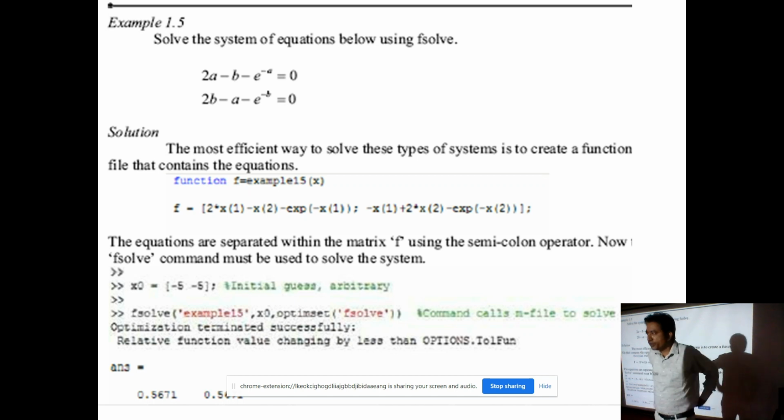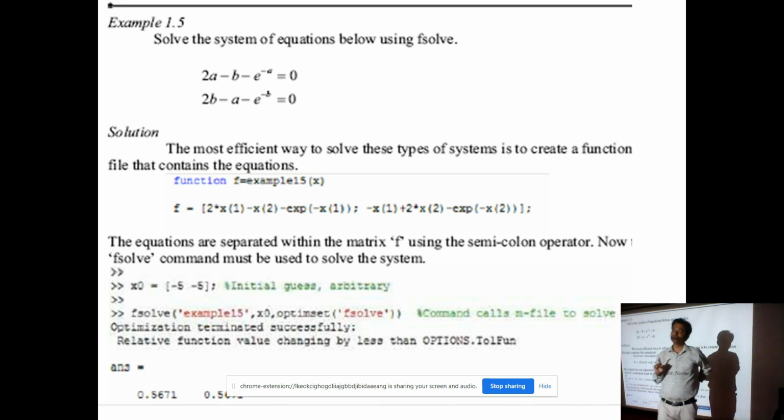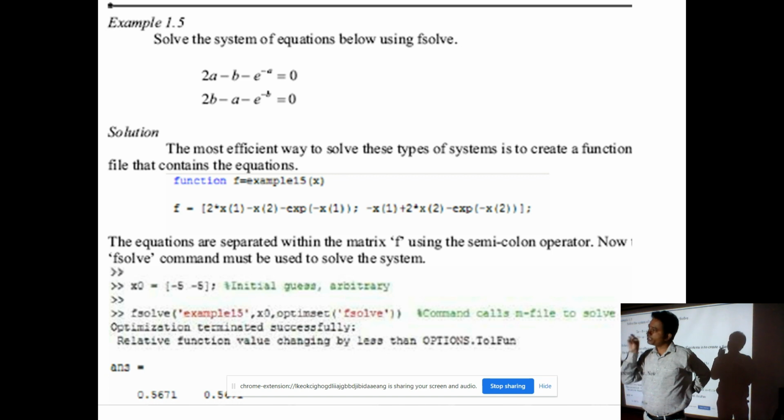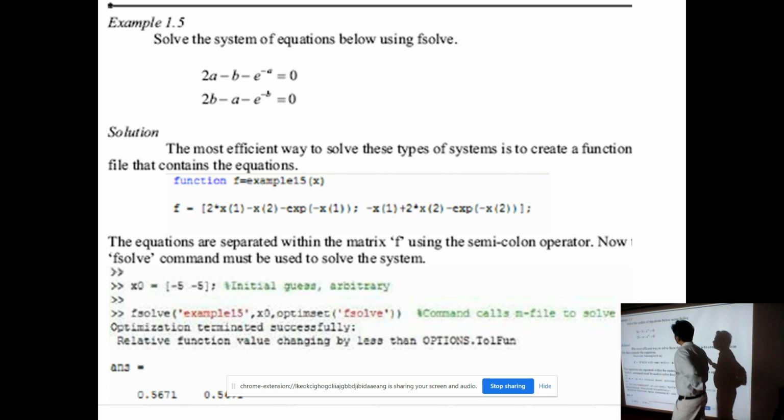Now, before using fsolve, the most efficient way of writing the equations in MATLAB is writing in terms of only one variable. Though the number of variables is more, I will always write in a single variable. That's a very efficient way of entering the data in MATLAB. Here, how many variables are there? Two variables, a and b. But I will write it in only one variable.